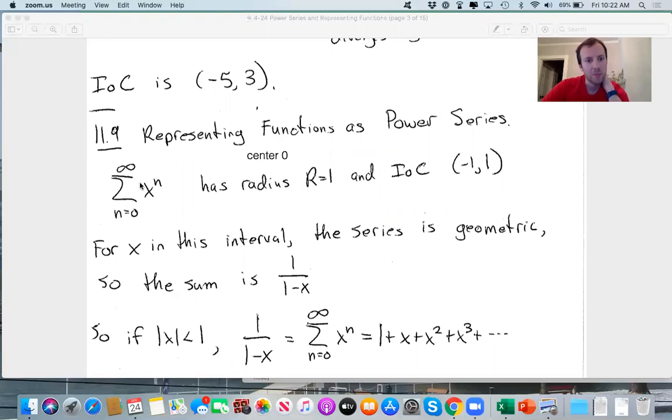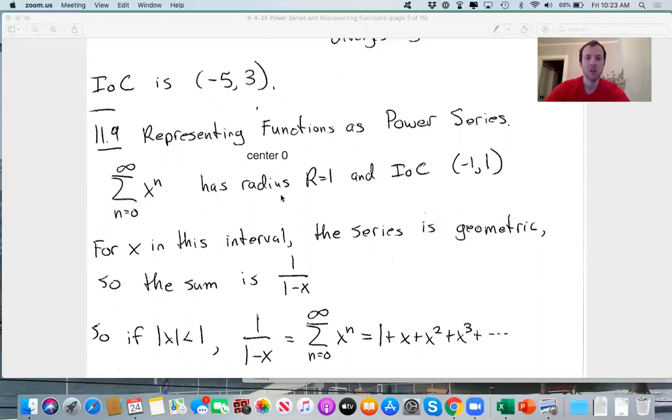Because it doesn't have anything else, all the coefficients are 1 in this case. So it's just these powers of x all added up. This is geometric, and we can check that it converges if x has absolute value less than 1.